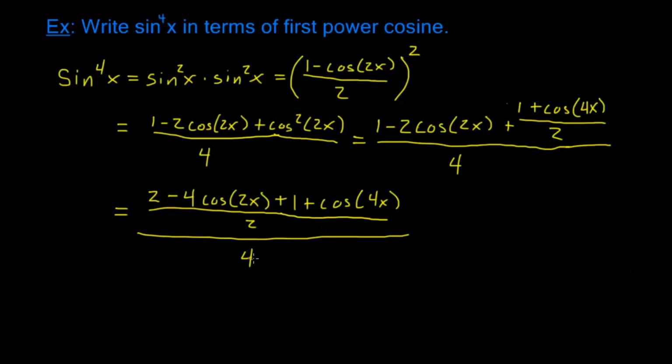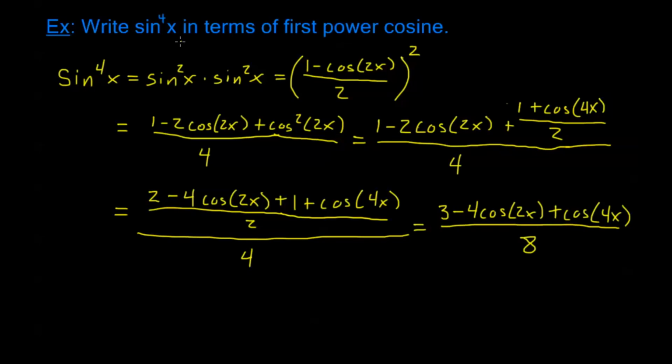Any way you think about it, this 4 and this 2 are going to be joining together now in my denominator. So this is going to be all over 8. I have a 1 and a 2, so those add up to 3. So I have 3 minus 4 cosine 2x plus cosine 4x. Alright, and we're done.